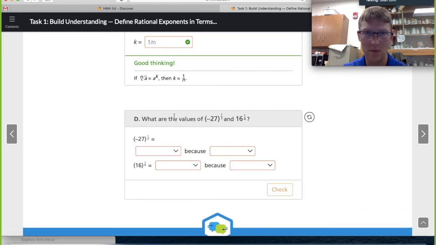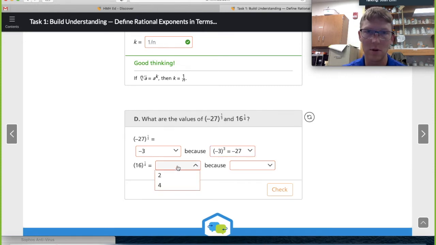Let's see here. What is the value of negative 27 to the power of 1/3? That's the same thing as the cube root. I'm ignoring the negative sign right now, but 3 times 3 is 9, times 3 is 27, throw a negative sign in there. So negative 3, because negative 3 cubed is equal to negative 27.